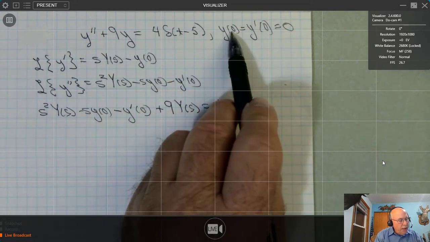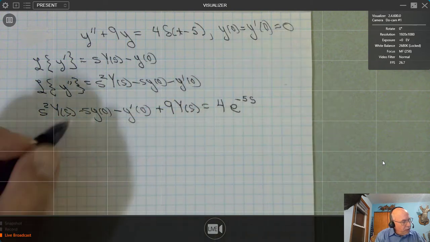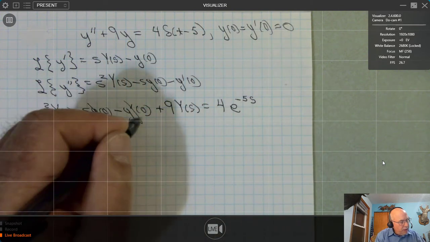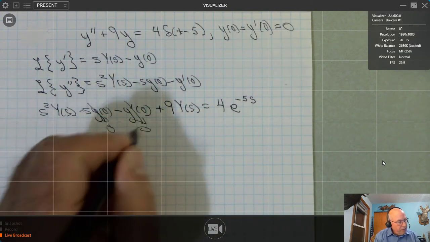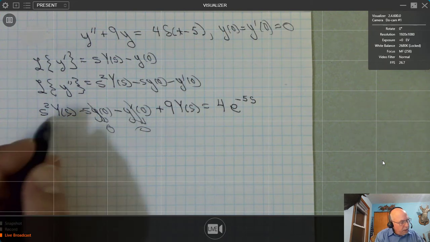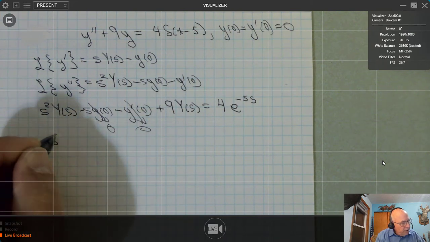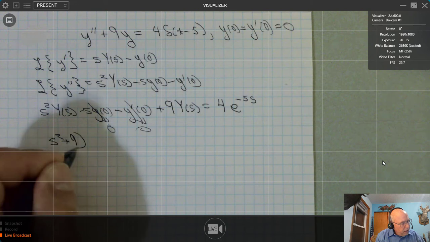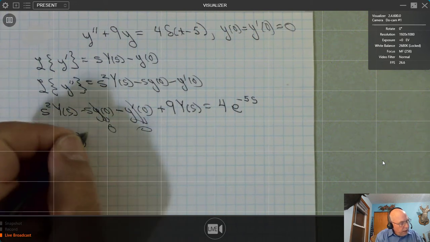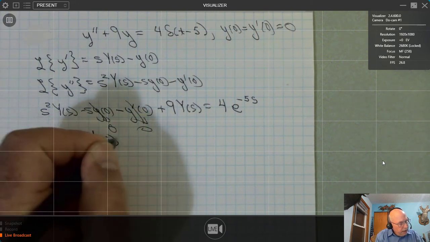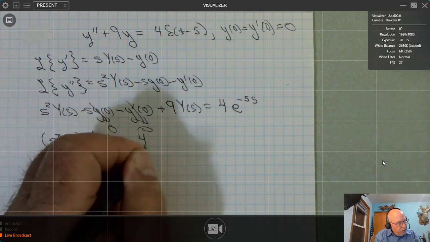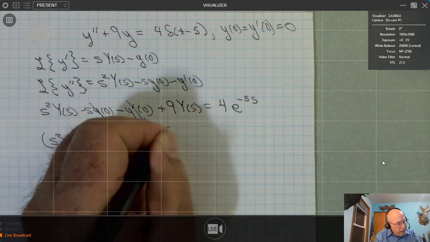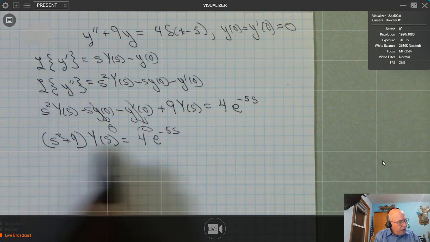Now, y at 0 and y prime at 0 are both 0, so these two terms drop out. And we have s squared plus 9 times Y of s is equal to 4e to the minus 5s. And then we divide through by that.